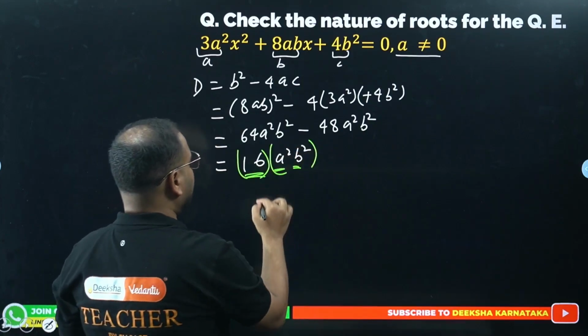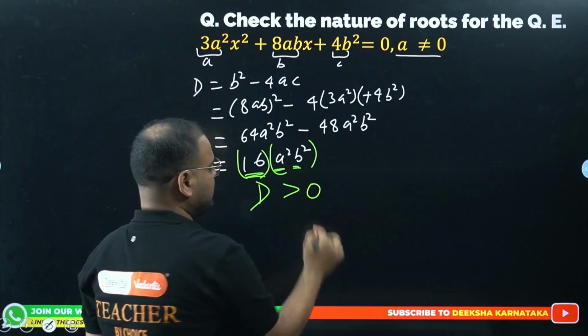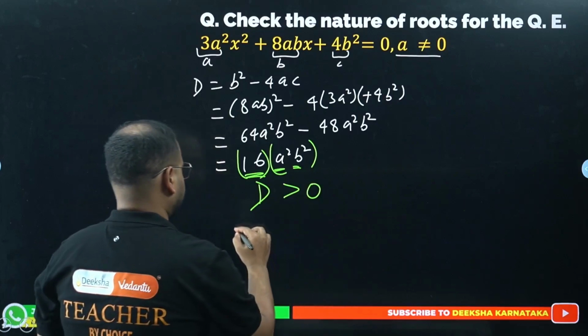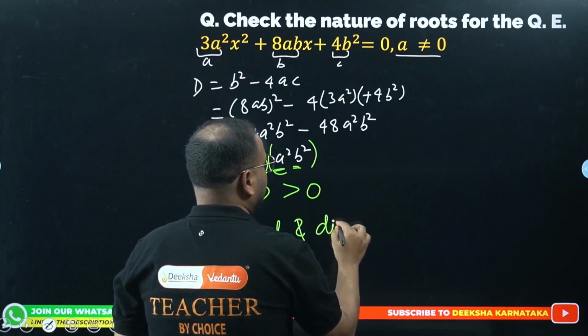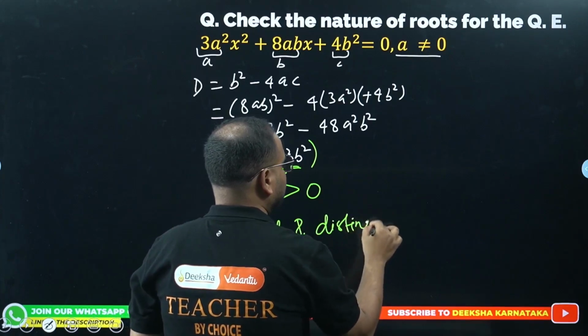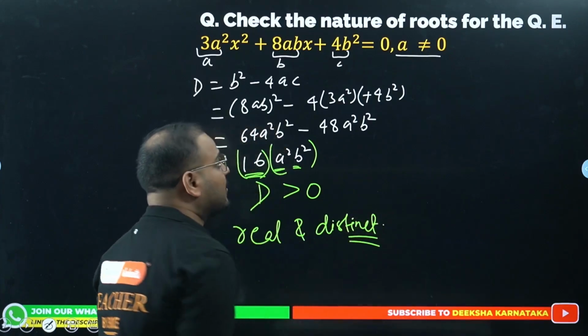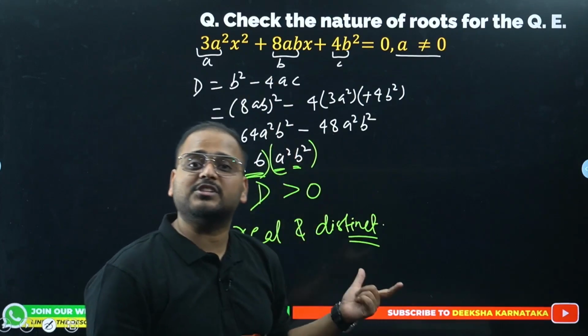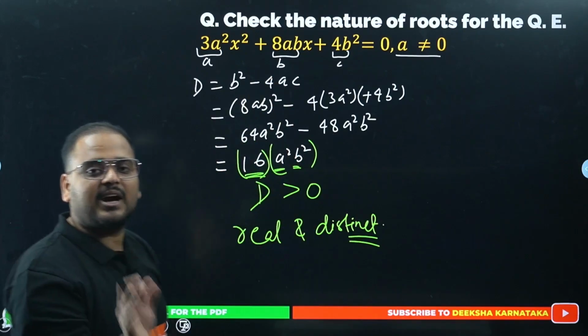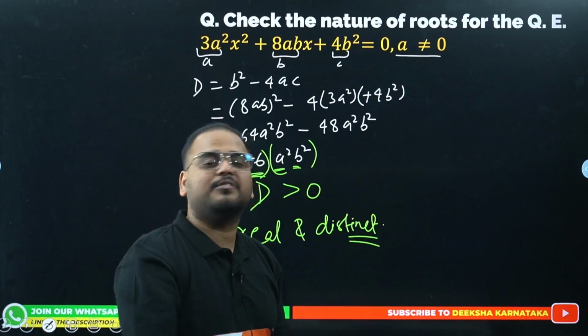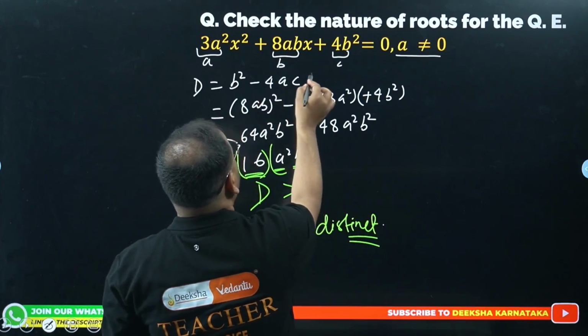It means my D is greater than 0. What is the case? Real and distinct. What's our learning? Whether the question looks difficult or not, the process remains the same and you will get the answer very easily. Just understand the process and remember the formula, which is this one.